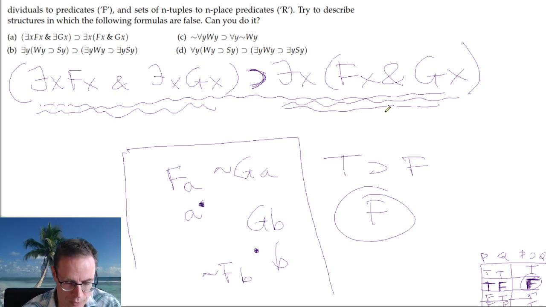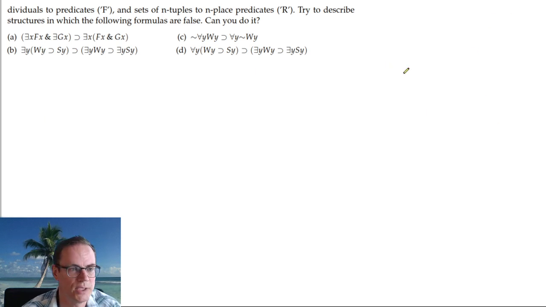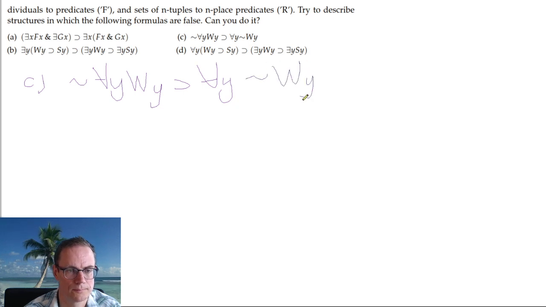Okay, let's do one more. Let's do C, for instance. So C says: it's not the case that for all y, Wy, horseshoe, for all y, not Wy. What is the main connective? Again, the most important question. Is it the not?